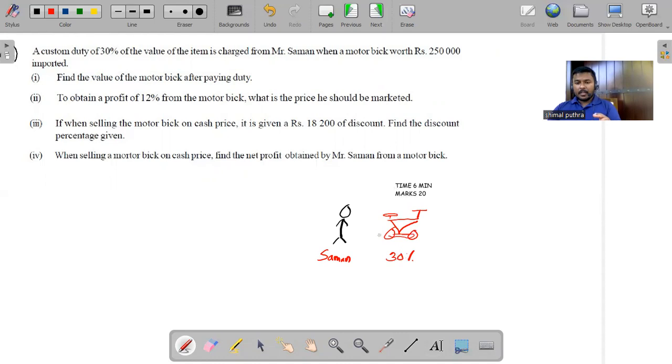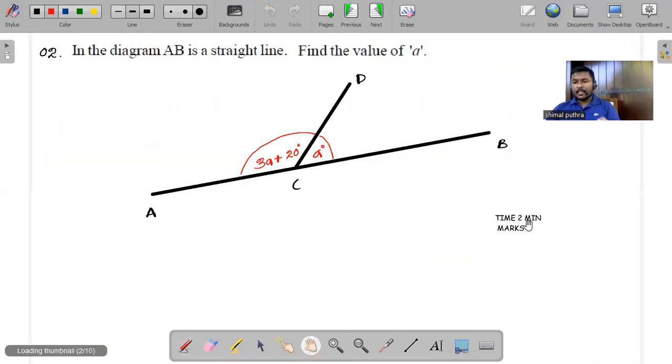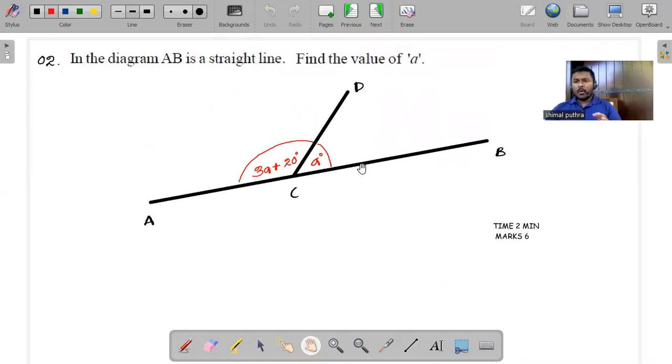In every slide in the model paper, the time you can take and the marks you will be awarded are mentioned. Every model paper has been designed for 30 minutes, so I allocated times and marks. While you are doing the papers, you can get an idea about the time and the marks.